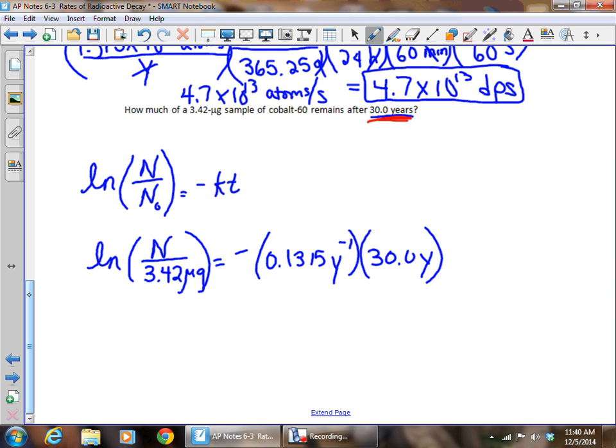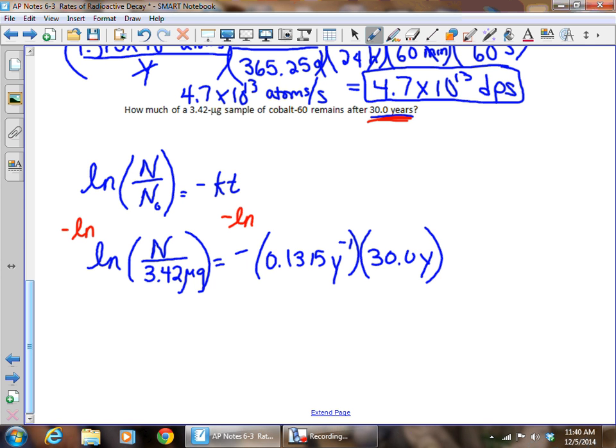The way we get rid of natural log is to use e to the x. It was a process I believe that was created just to get rid of natural log in an equation. So we need to take e to the x of both sides. Most of the time in chemistry, we call it inverse ln. If you look on your graphing calculator, the second ln function is e to the x, and that's what you want to use.